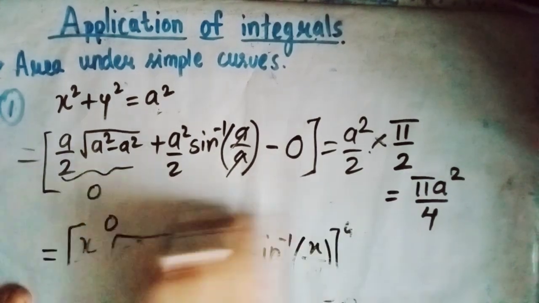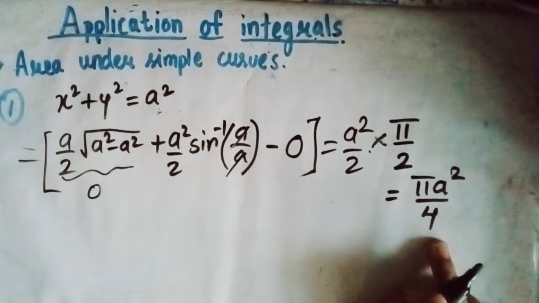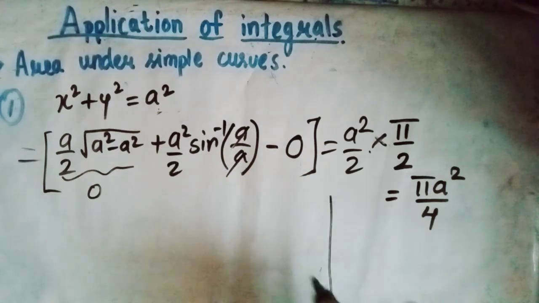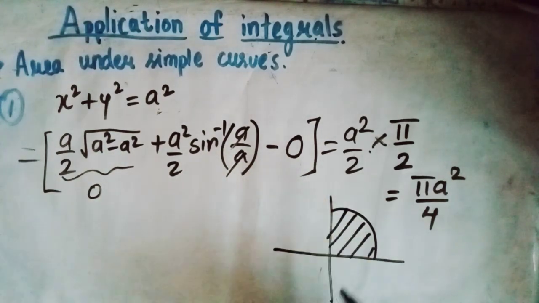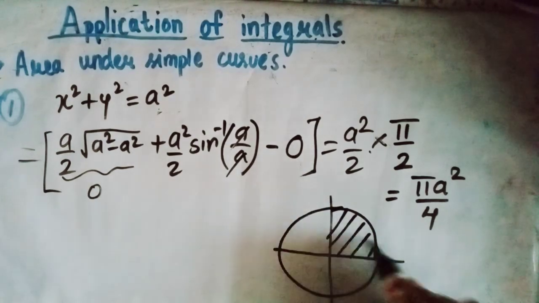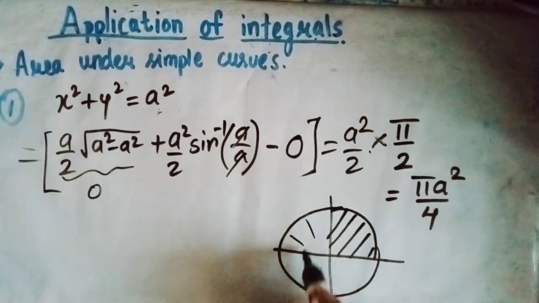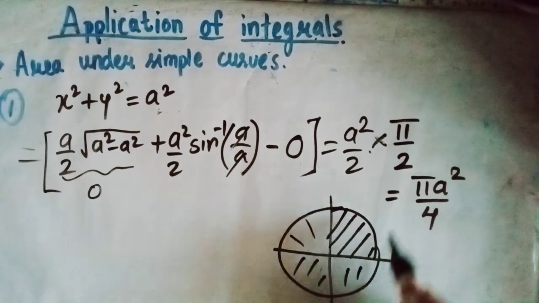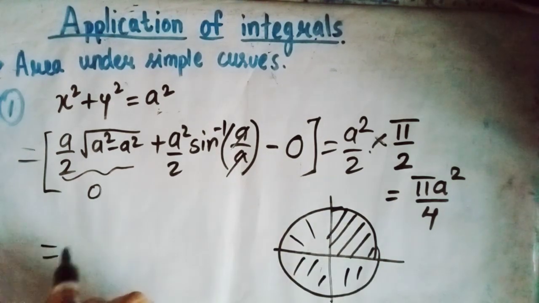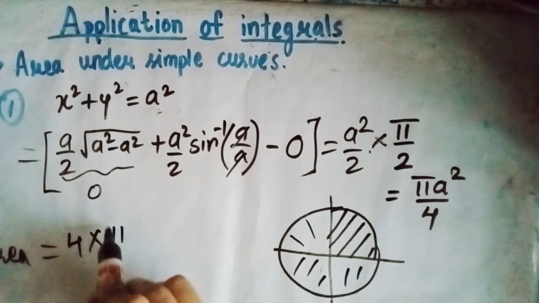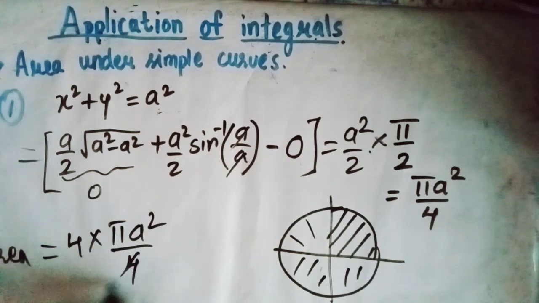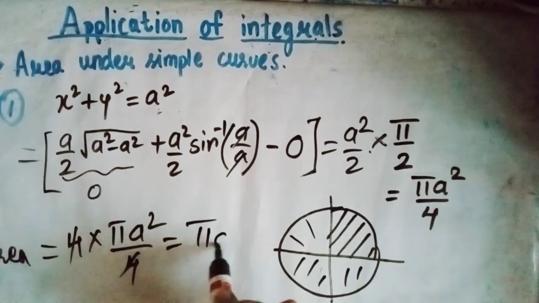Now this area is of only the quarter part. We need the area of the whole circle, so you have to multiply this area by 4. So your final area is 4 into pi a square by 4, which is pi a square.